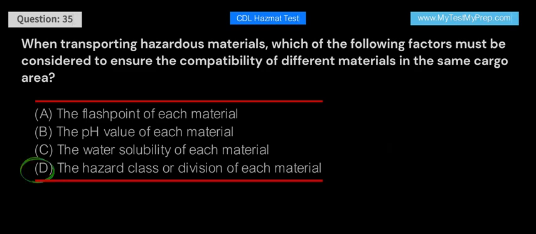Answer: D. When transporting hazardous materials, the hazard class or division of each material must be considered to ensure the compatibility of different materials in the same cargo area. Incompatible materials can react with each other, potentially causing dangerous incidents. The hazard class or division helps categorize materials based on their risks and potential reactions.